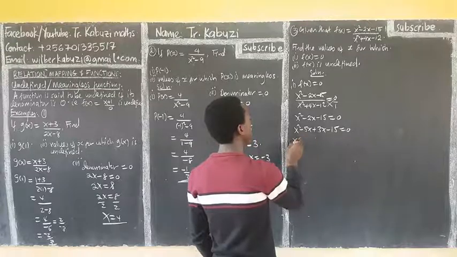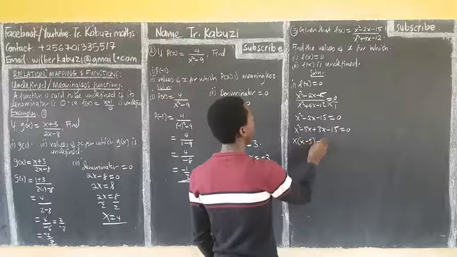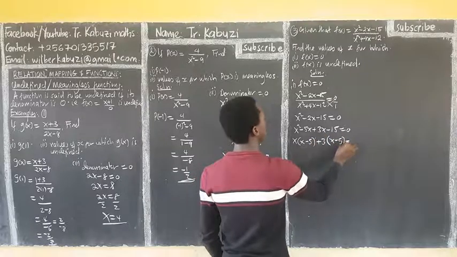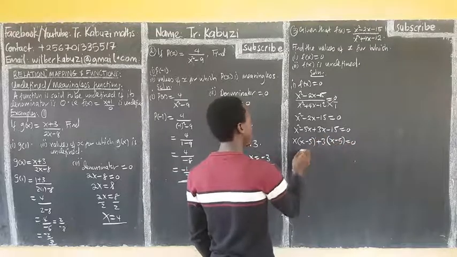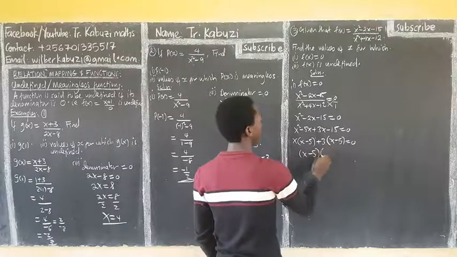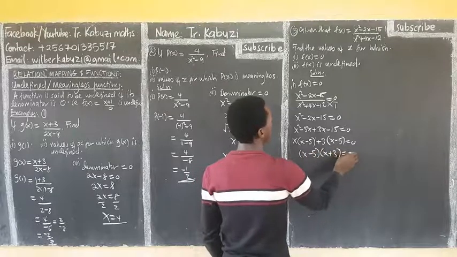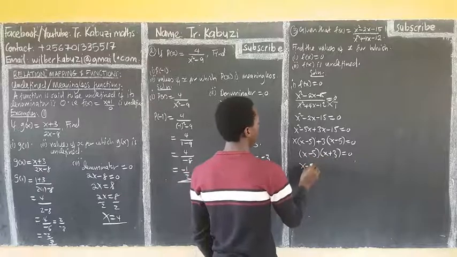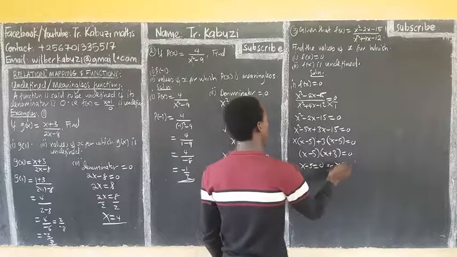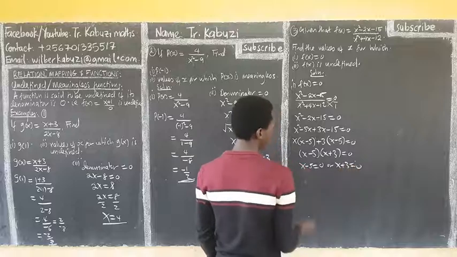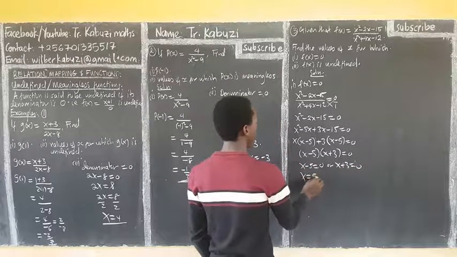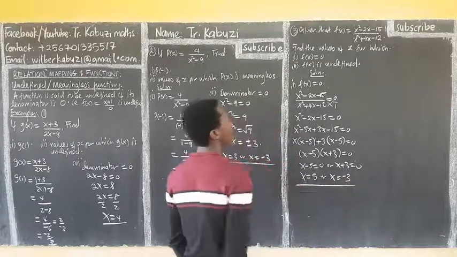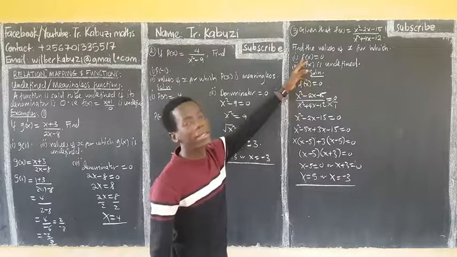When you factorize, x is common in the first pair and 3 is common in the second pair. Equating each bracket to 0, our x becomes 5 or our x becomes negative 3. And you are done. This one is the function which is 0.